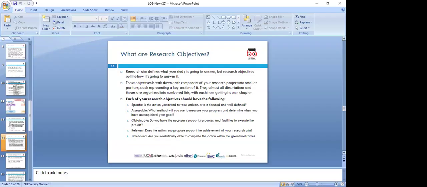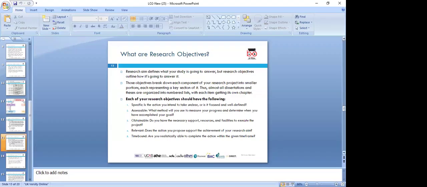While the objectives: the main aim is going to answer, but research objectives outline how it's going to be answered. The aim is what you are going to study, but the objective says how to answer it. Objectives break down each component of your research project into smaller portions, each representing a key section of it. Each of the research objectives should be specific, measurable, achievable, relevant, and time-bound.